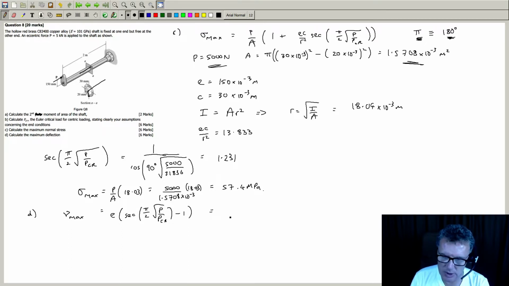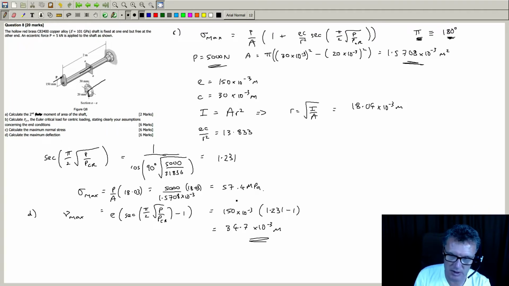So that becomes e is 150 millimeters. This you've already worked out up here. Take away 1. And you get a maximum deflection of 34.7 times 10 to the minus 3 millimeters. So that was really easy.